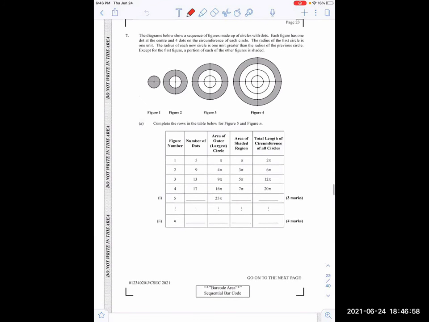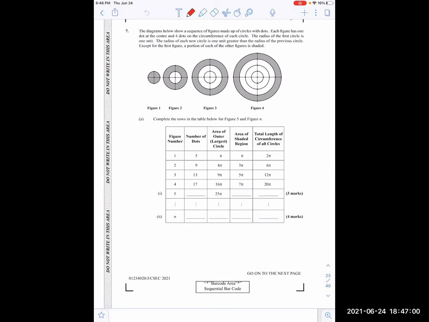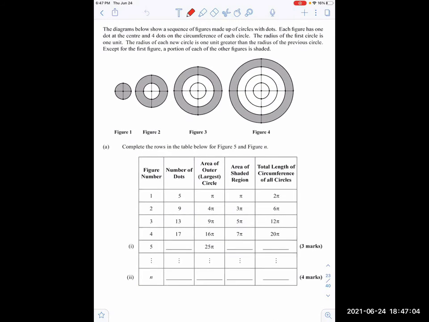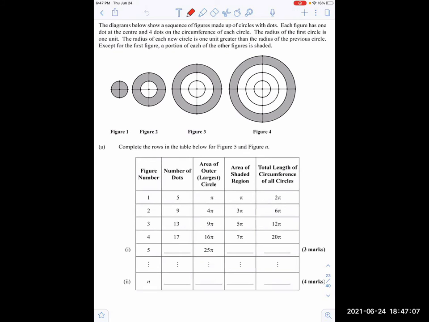So this is taken from the 2021 paper. Are you all seeing my screen? I will make it very big so we can see it. So you see that pi? From the time you see that pi, automatically, we don't want to do this question at all.